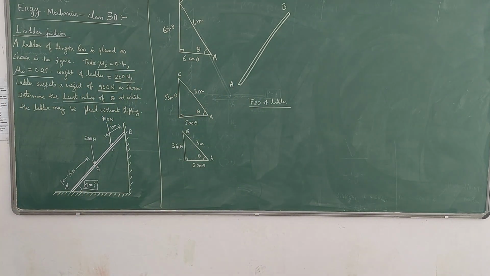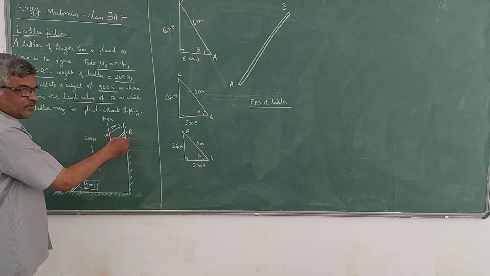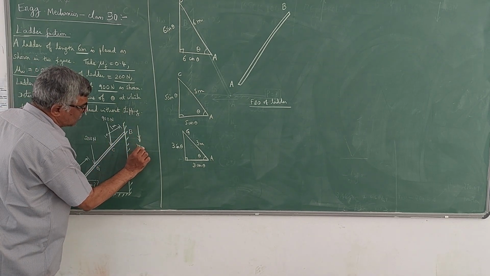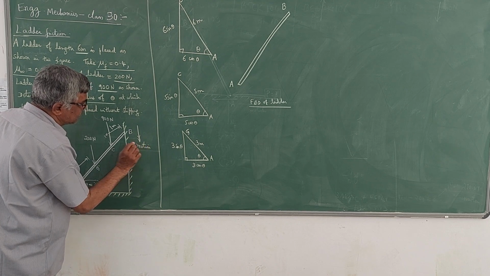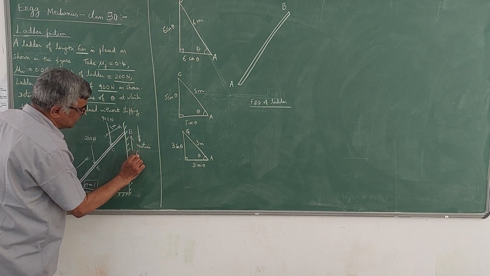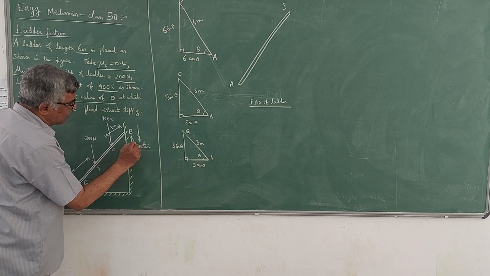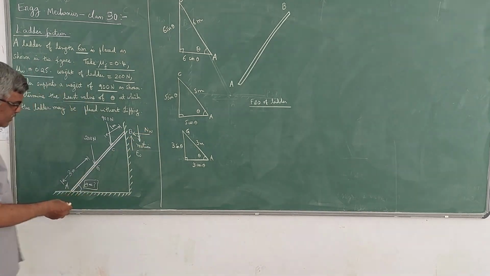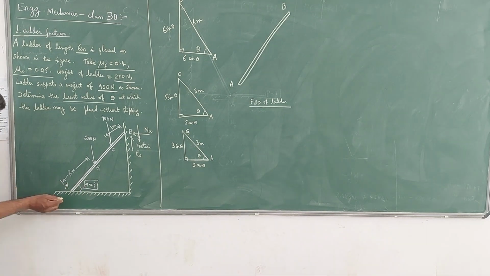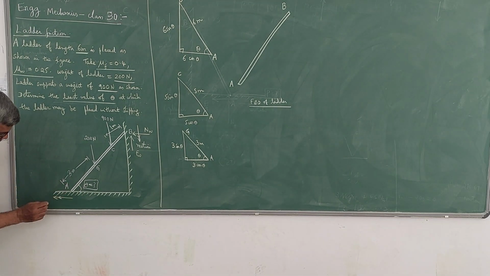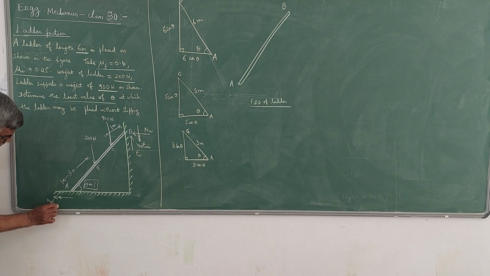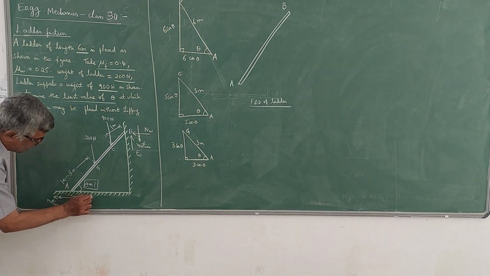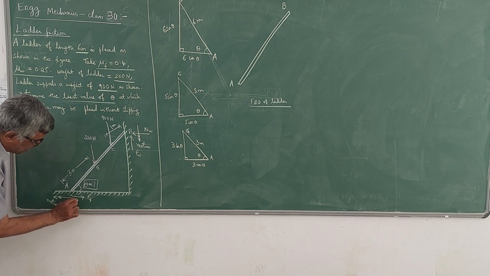Since the tendency of the ladder is to slip down, the frictional force acts in the opposite direction, that is FW, and the normal reaction will be like this, NW. Similarly, the ladder tends to move towards left here, therefore the frictional force acts towards right, FF and NF.